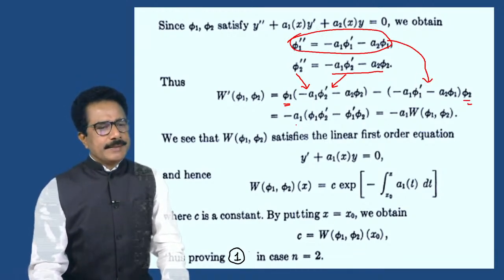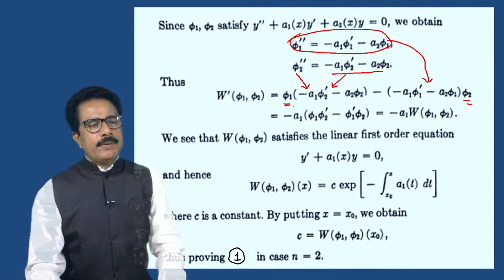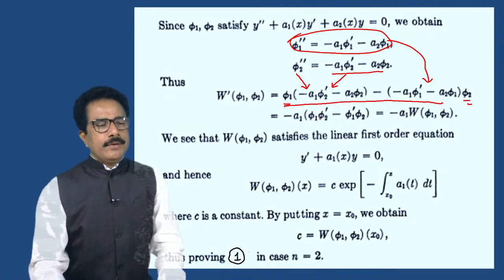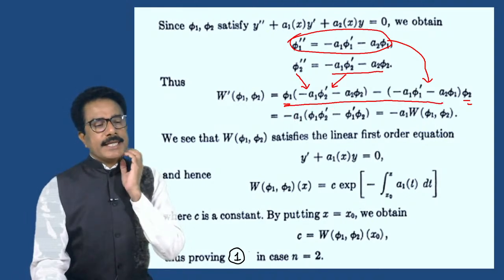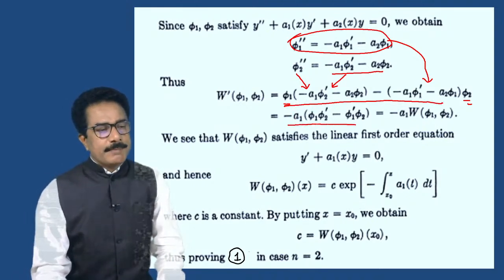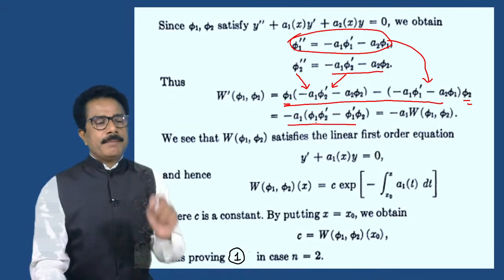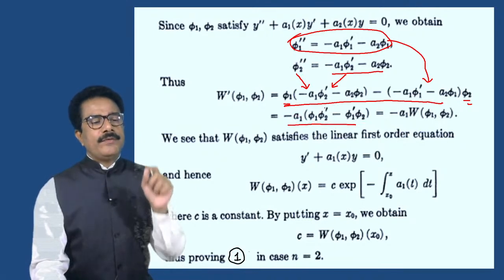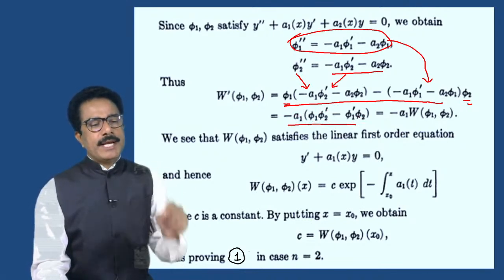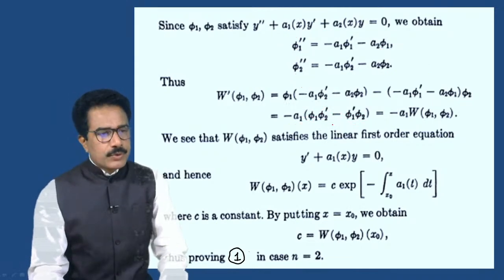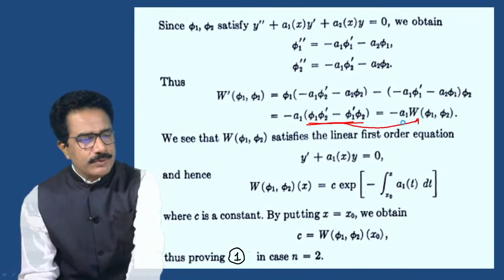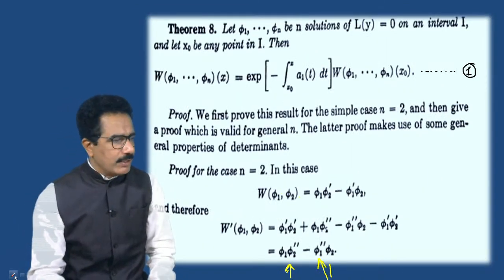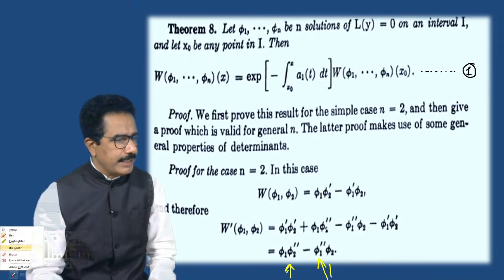So after multiplication and taking out a common a1, we get minus a1 times phi1 phi2 dash minus phi1 dash phi2. So actually this is the value of the Wronskian of phi1 comma phi2, which we have taken here.